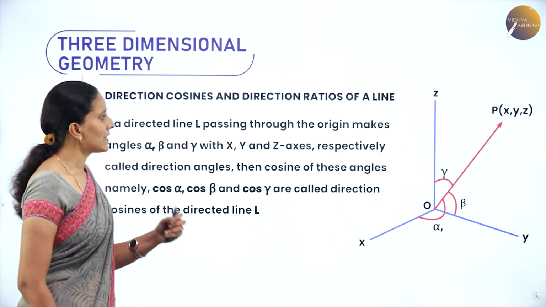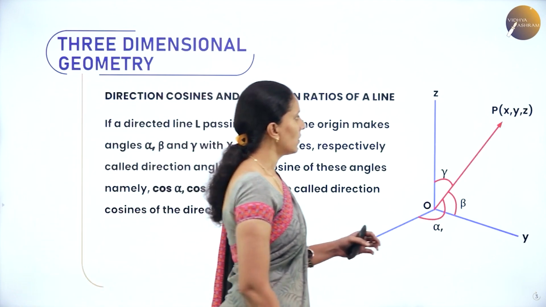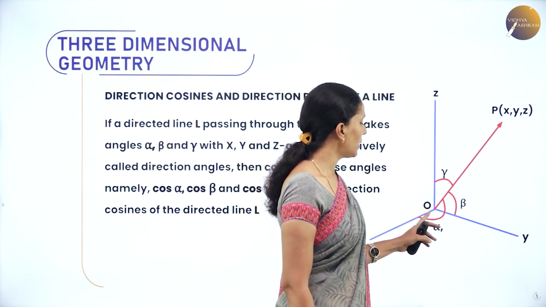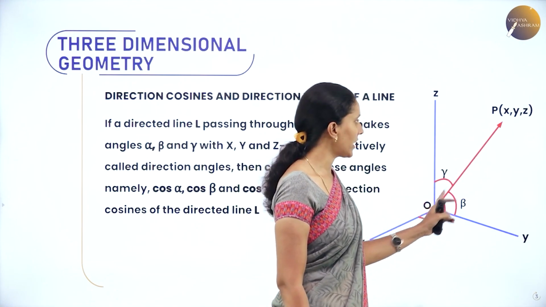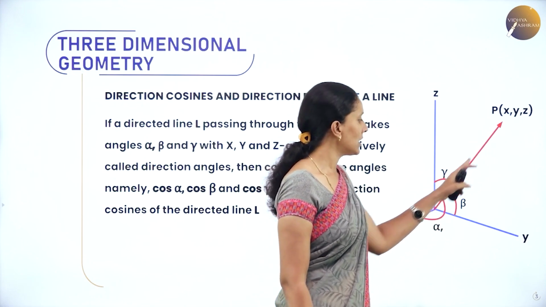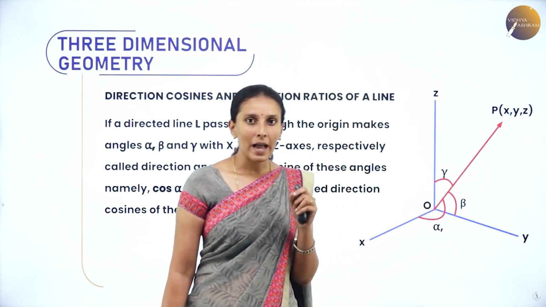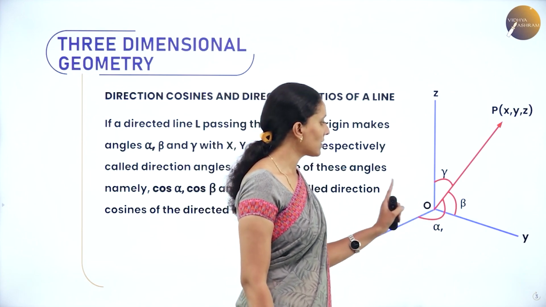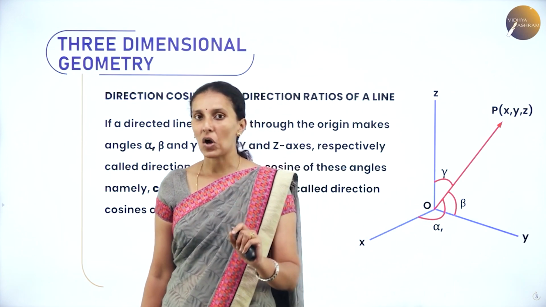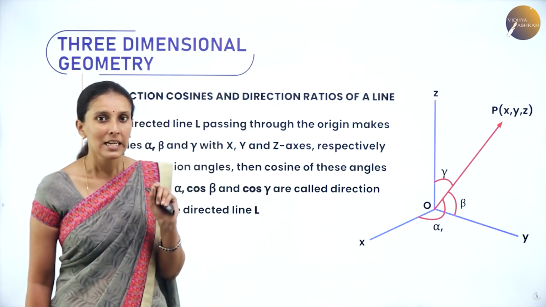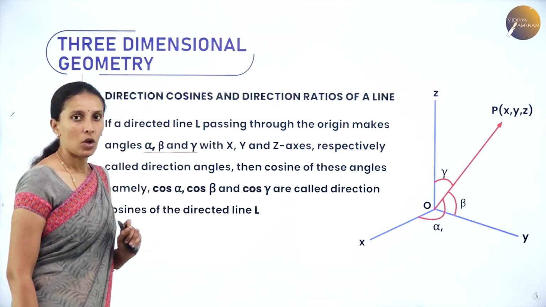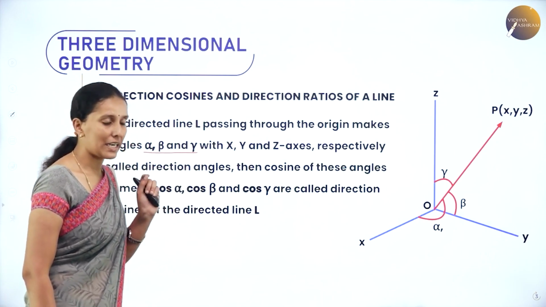Now let's take a line here. So let me take a point P here and the vector with respect to origin, we take it as OP. We'll consider this as a straight line. So the angles made by this line with respect to x, y, z axis is called as the direction angles and it is given by alpha, beta, gamma with respect to x, y, z axis.